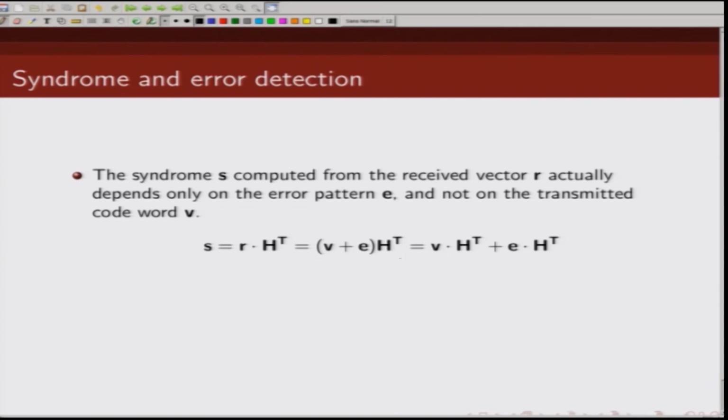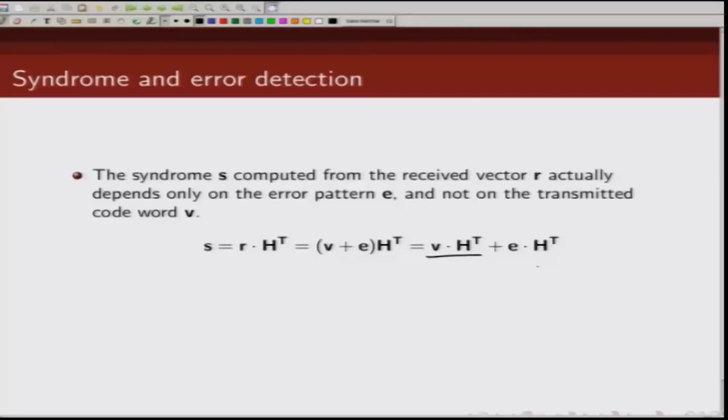So, this I can write as VH transpose plus EH transpose. Now, what is VH transpose? VH transpose is 0, because V is a valid code word. Then the syndrome is nothing but EH transpose. So, the syndrome does not depend on the transmitted code word, it only depends on the error pattern.